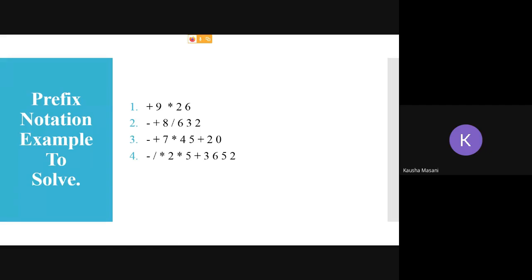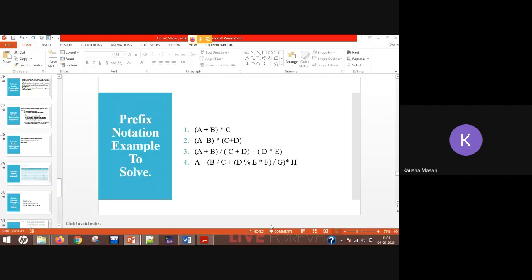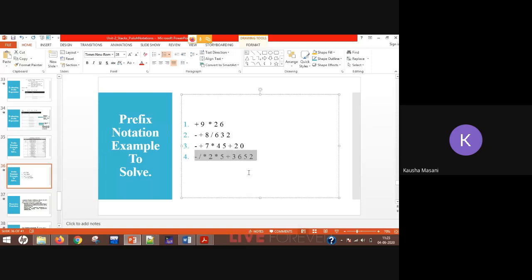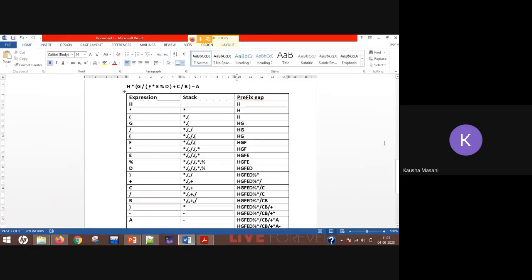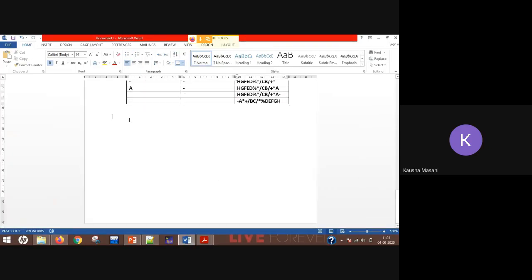Suppose this kind of a question is asked in your examination somewhere. Then how quickly can you do it if there is no time for you to create that table and all?